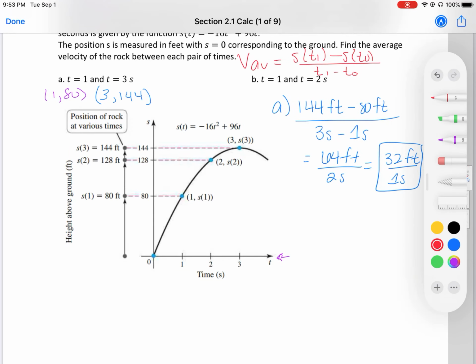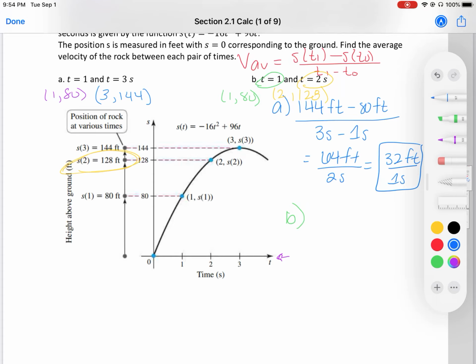All right, we're going to do the same thing for B. For B, we see that at t1, our point is 80. We did that one already. And now at 2, we see our rate is 128. So I have 2 and 128. Let's find our rate of change for those points.